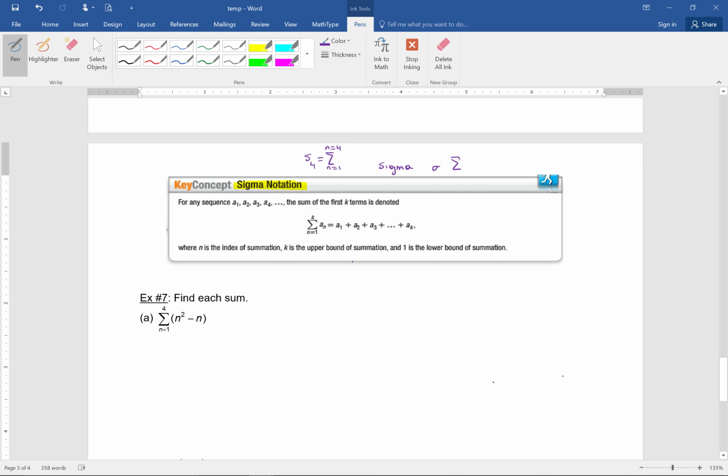Now the real power of that notation is, what if you don't want the sum of the first four? What if you want the sum of the 51st to the 58th, because those are what are useful to you? Then you would say n equals 51 to 58.